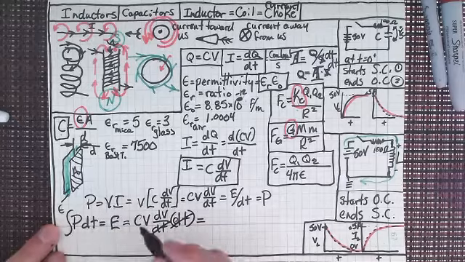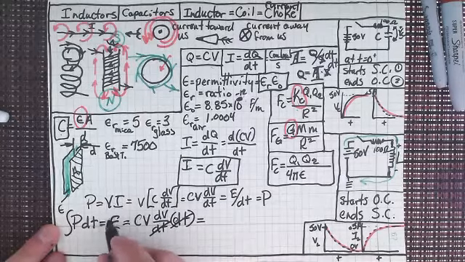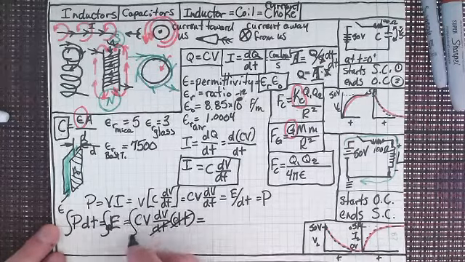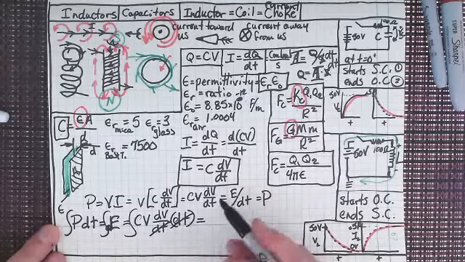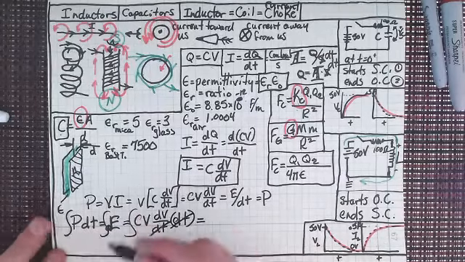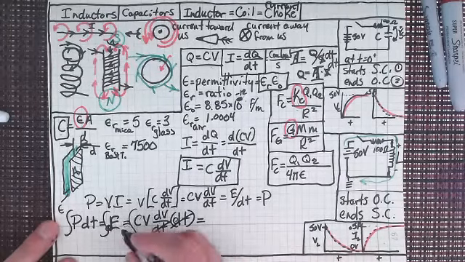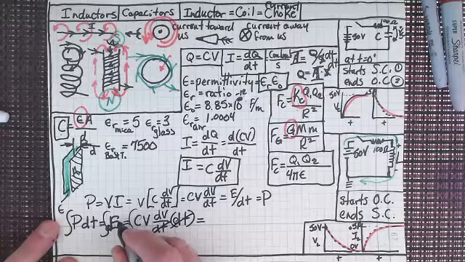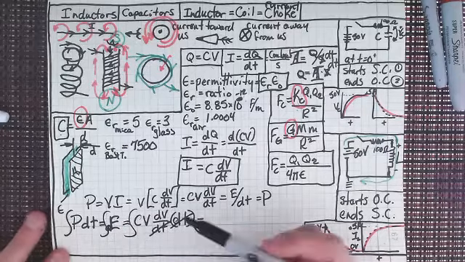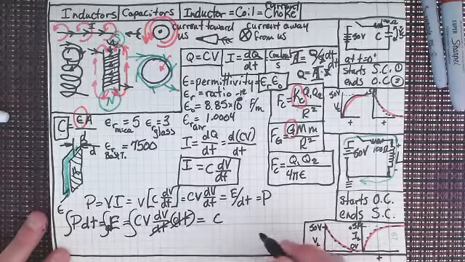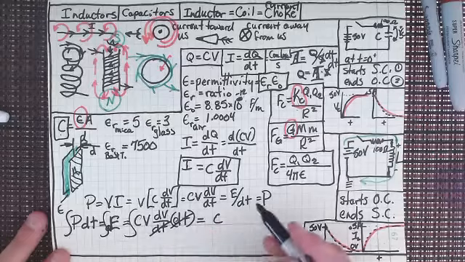So let's integrate that. Because I've got dV, it has to be integrated, right? That really should be E. Then I'm going to pull C out of there. What is the integral of V dV?